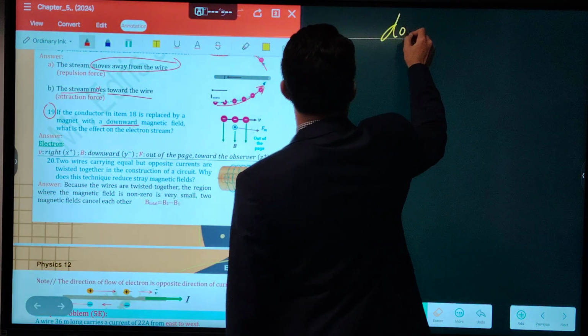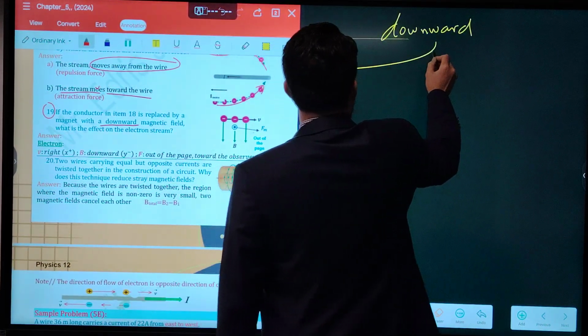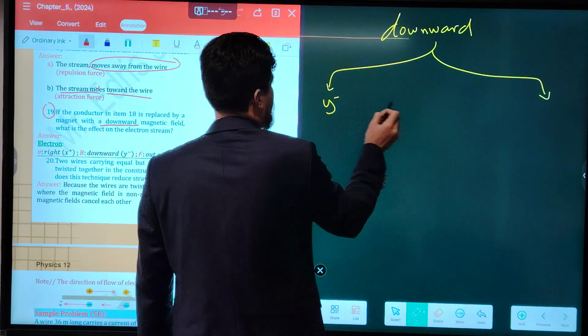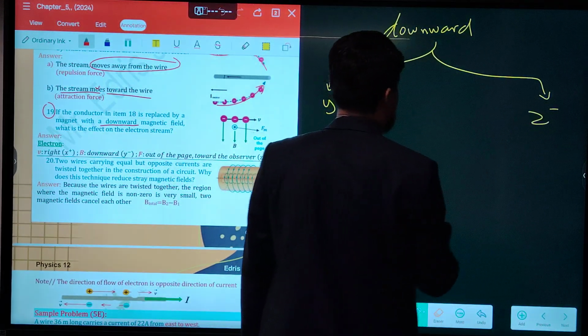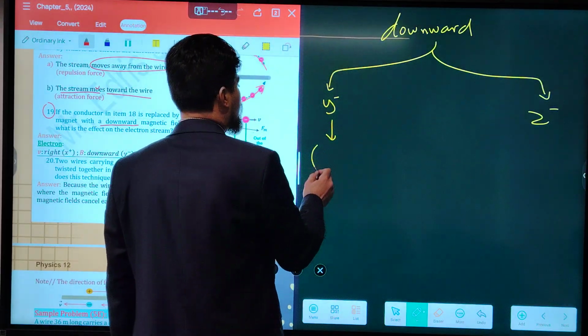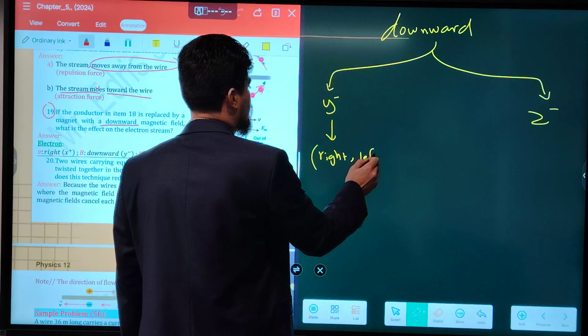Downward. When is downward Y negative, and when is downward Z negative? This downward is Y negative if in the question we have right or left.